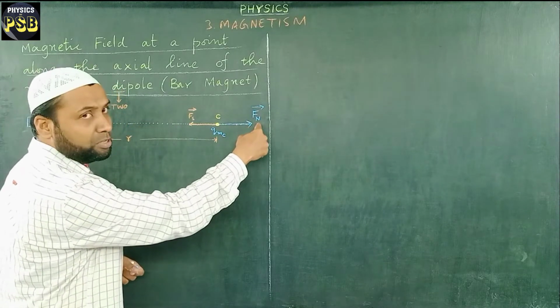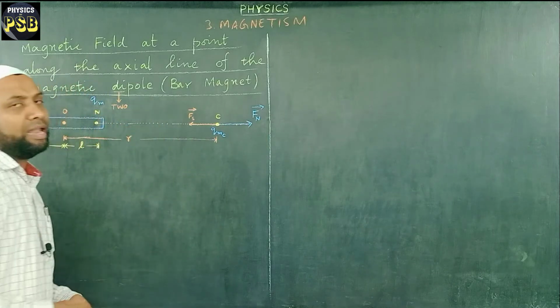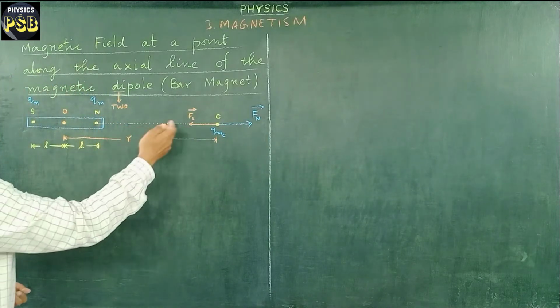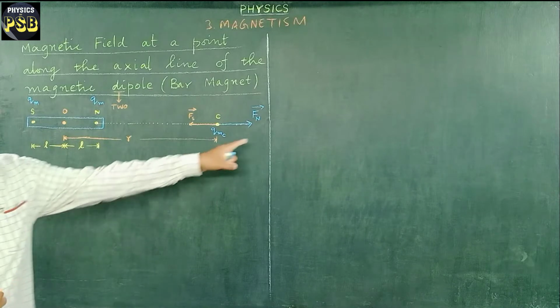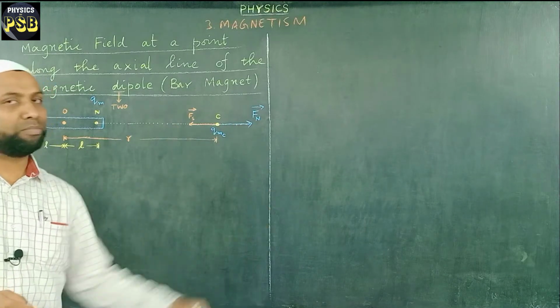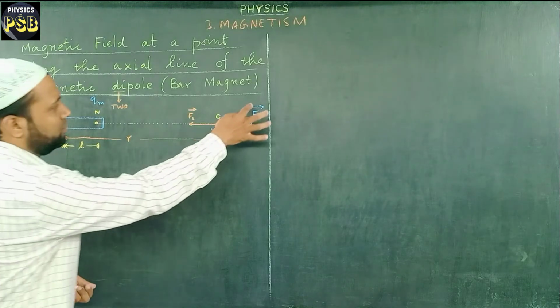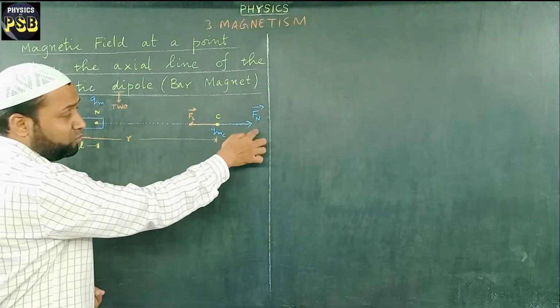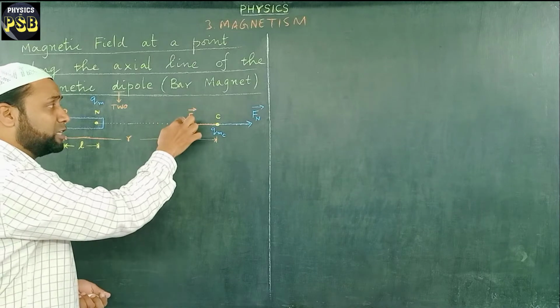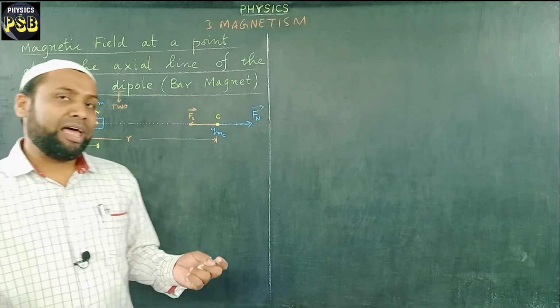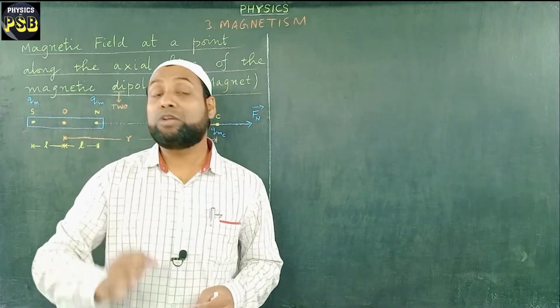This is a repulsive force and this one is an attractive force. So it is acting towards the magnet, and this force acts away from the magnet. Clear? So I am going to find the expression for this force, then I will find the expression for this force, then I will add them together to get the total force.